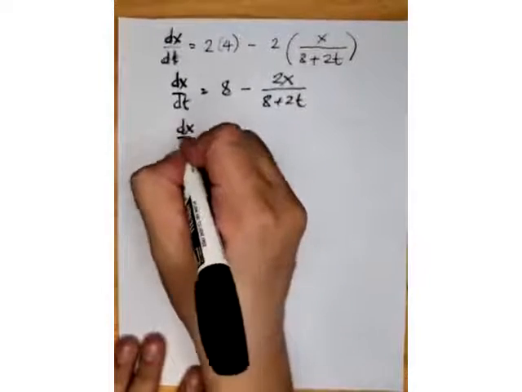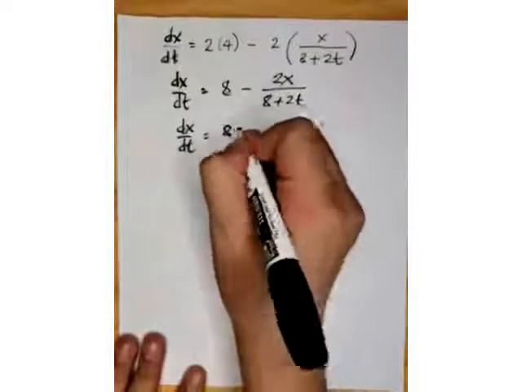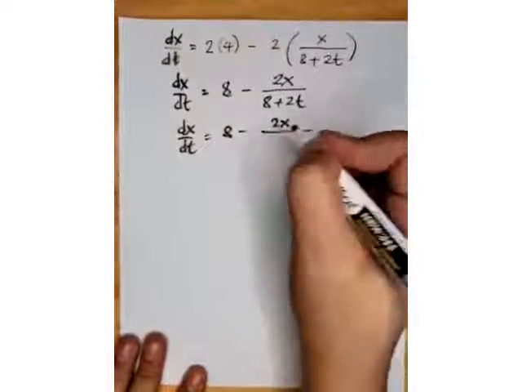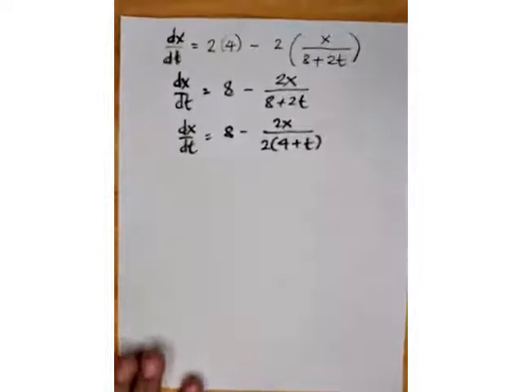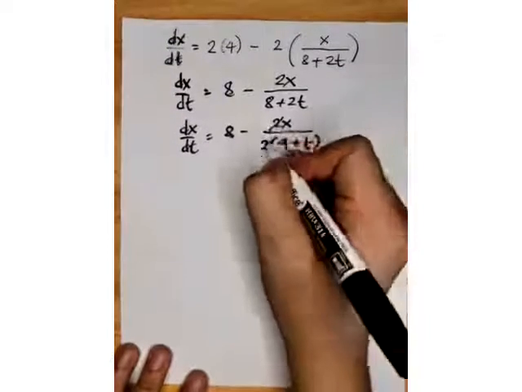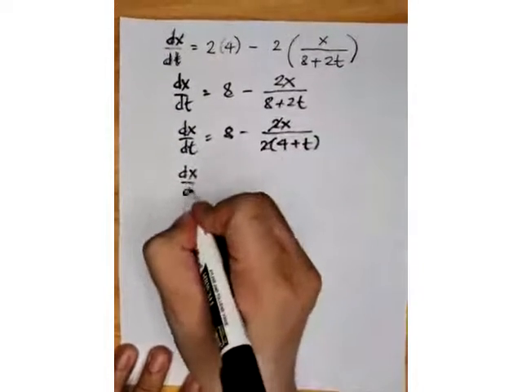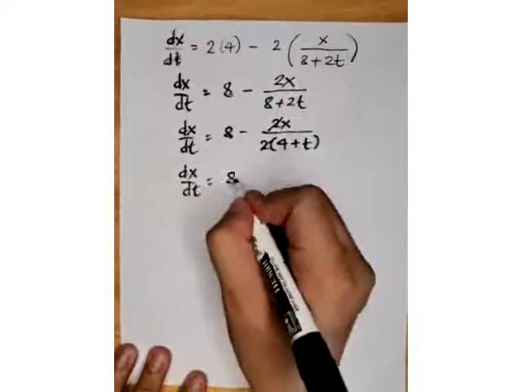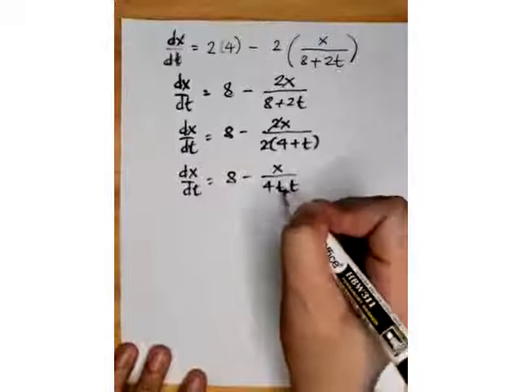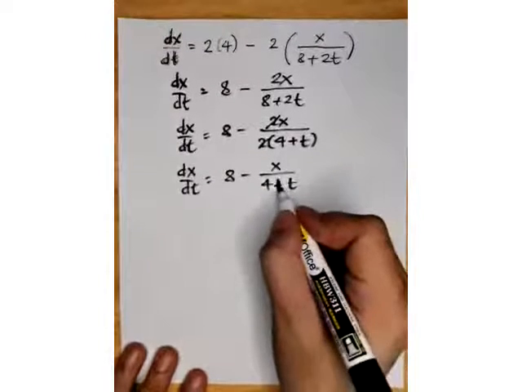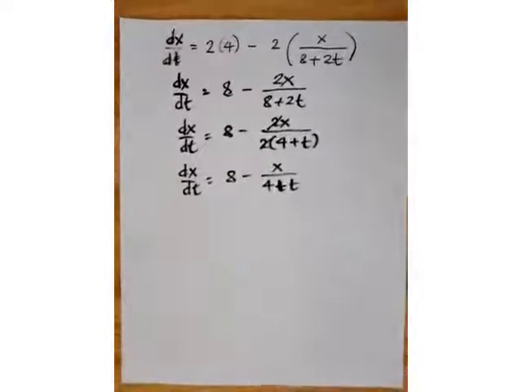So dx over dt is equal to 8 minus 2x all over 2 times (4 plus t). So cancel natin yon. So dx over dt is equal to 8 minus x over 4 plus t.